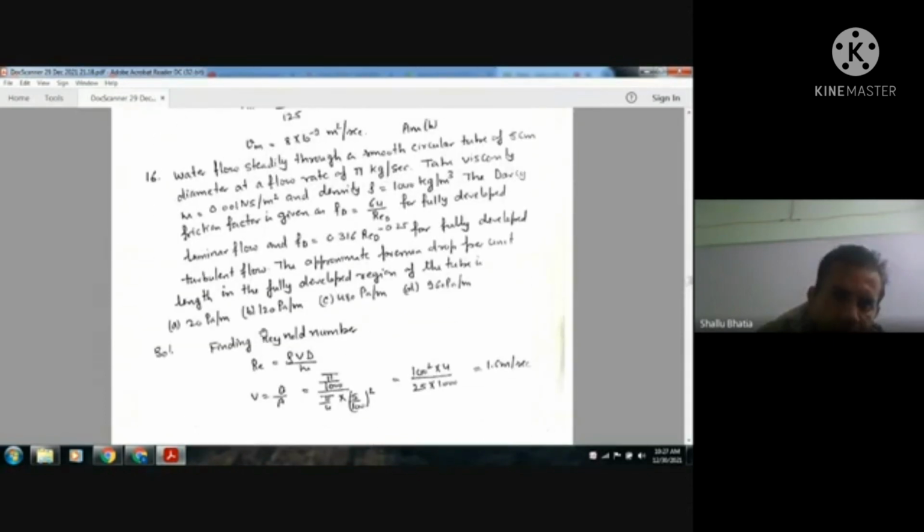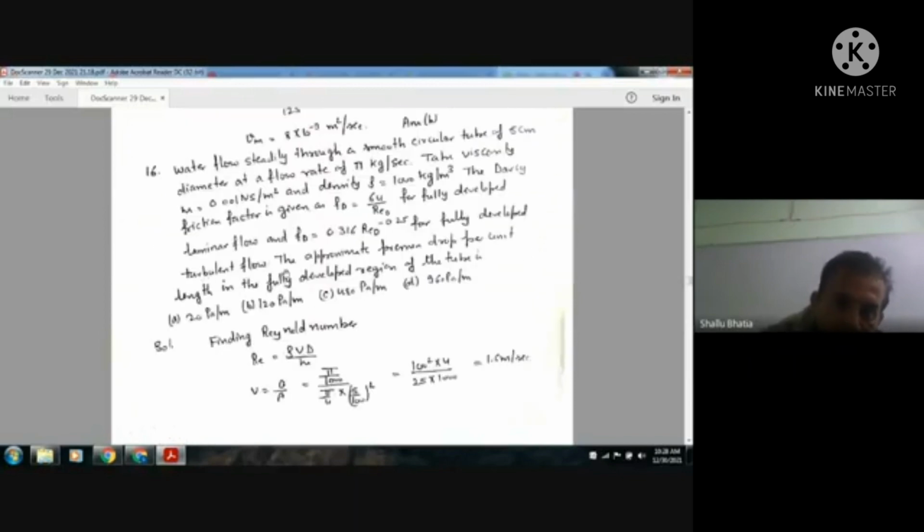Now for turbulent flow, the friction factor is this formula. So we can put the Re, then we calculate Fd.